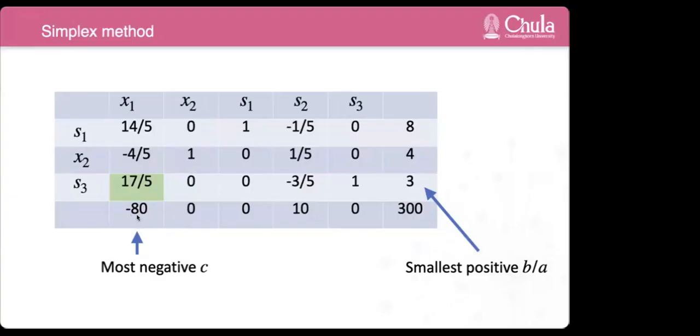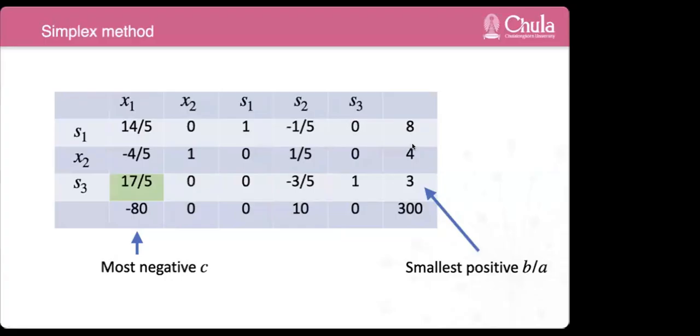That means if we increase x1, we can further reduce the objective function down. So the next round, x1 will be our basic variable. And we have to get rid of one of the original basic variables.